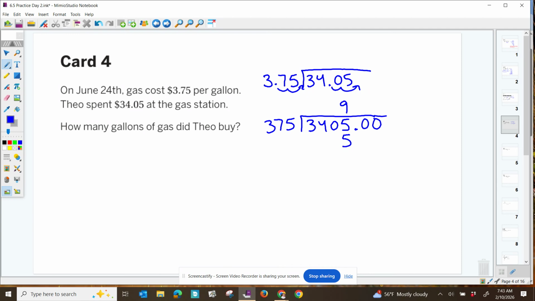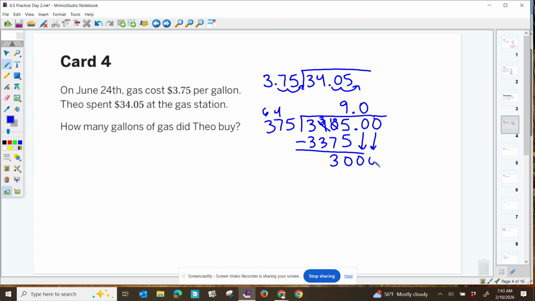So I go 45. 63 plus 4 is 67. 27 plus 6 is 33. I go to subtract these. I need to borrow from here, make it a 3. This becomes a 10. 0, 3. Okay, bring down this. 375 can't go into 300, so it goes in there 0 times.